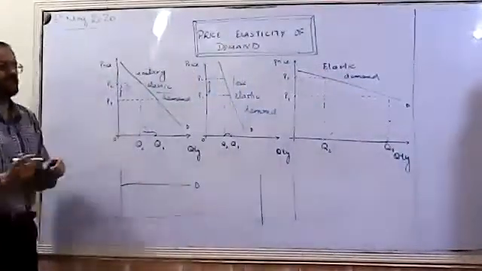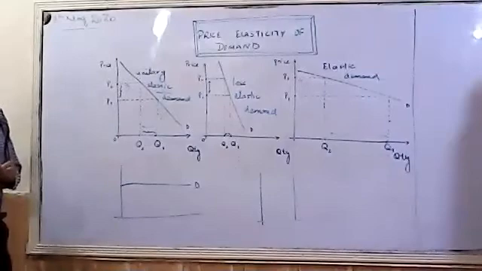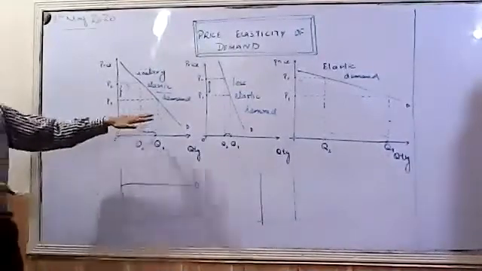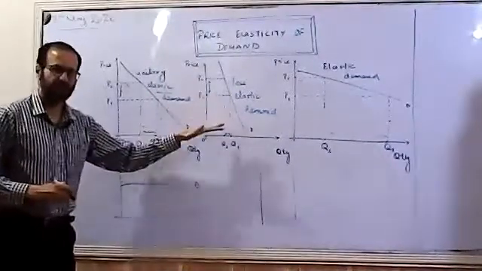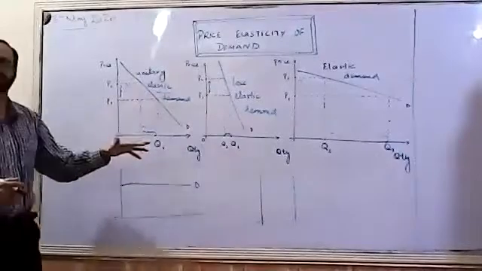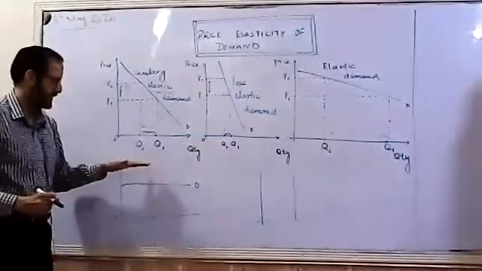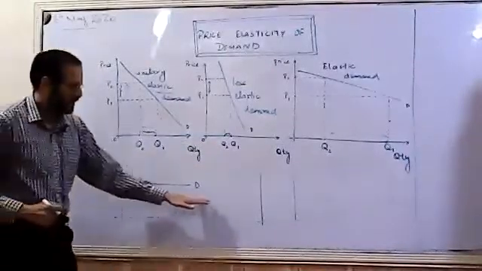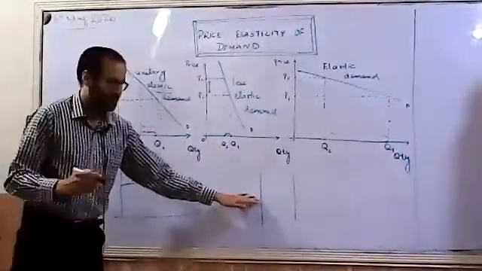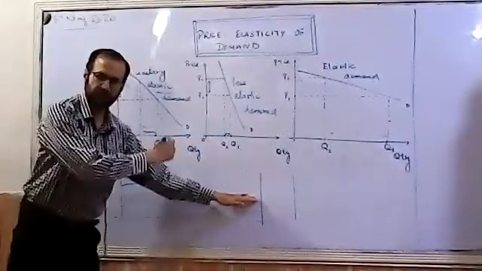So these are the three different types, but as I mentioned, these are the three responses due to the change in prices. But sometimes we see some exceptional or special types of demand curves, which we see in these diagrams. I've just put them on the board below these diagrams.